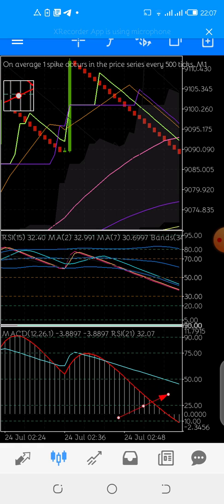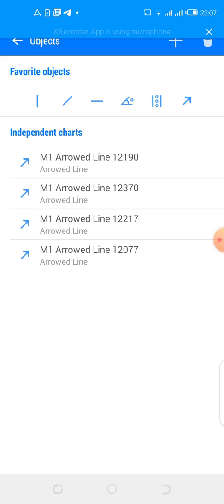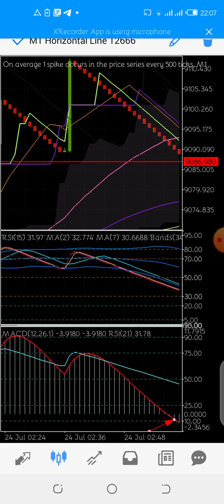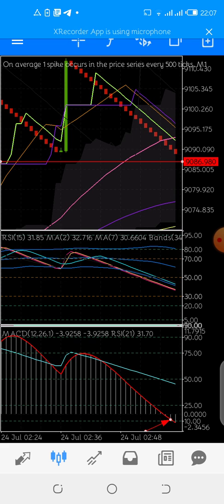Down here, you see the MACD has touched level 10. Let's see. I would place my trade around, I want to pick a line, so around maybe this place. Okay, the red line, we move.